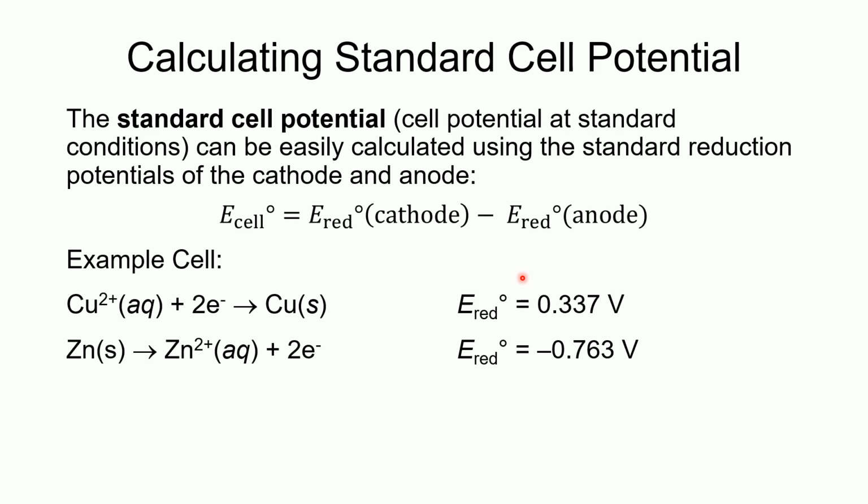Whichever reaction where the reduction is occurring, that is the cathode. And you'll see here copper 2 is getting reduced to form copper metal. So that means this is the cathode. And then here zinc is getting oxidized to form zinc ion. So that means the zinc electrode is our anode. So when we do our calculation, we'll do the reduction potential of our cathode minus the reduction potential of our anode.